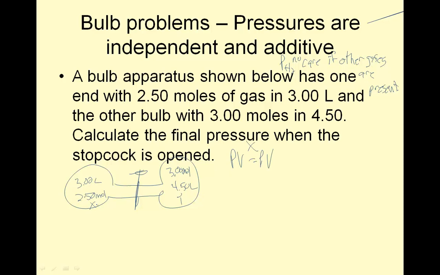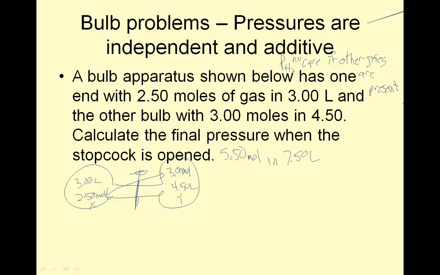Actually, I'm going to do this a little differently. I'm going to calculate my total moles: 5.50 moles in 7.50 liters.